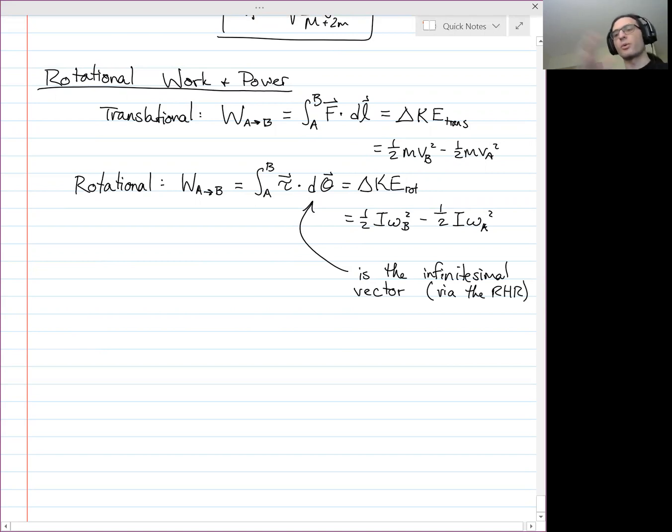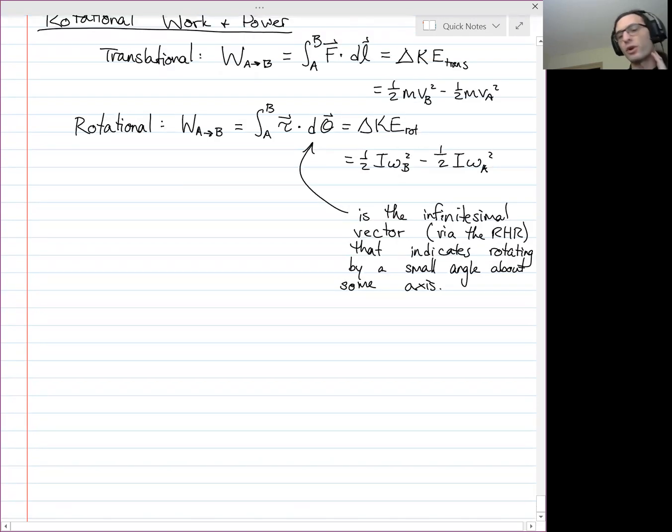If you curl your hand in the direction of the angular motion, your thumb sticks in the direction of the vector that indicates rotating by a small angle about some axis. So for example, maybe you have a wedge.